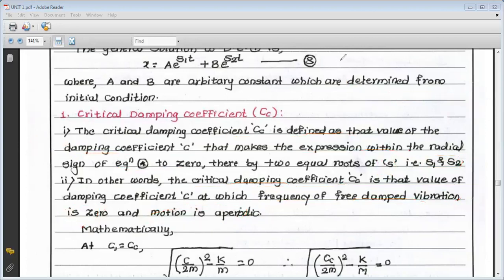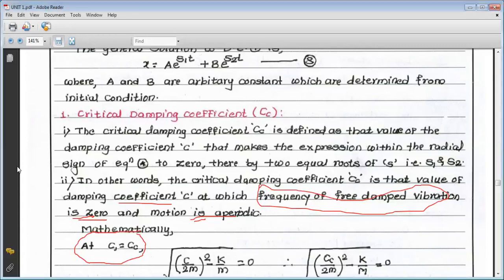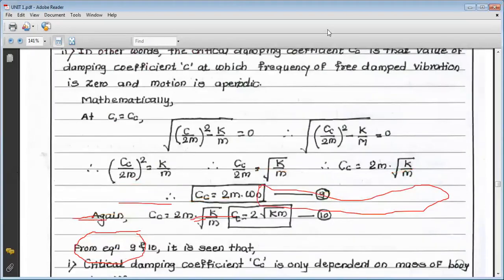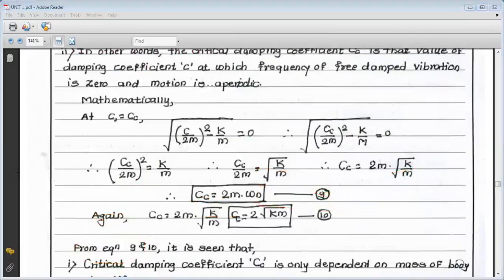So the critical damping coefficient is that value of damping coefficient C at which the frequency of free damped vibration is 0 and the motion is aperiodic. Now mathematically, at C equals Cc, this is the second part of your S1 and S2, that is the square root of (C upon 2m) whole square minus k by m.